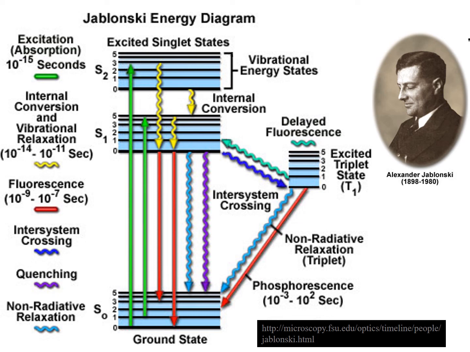And the features are transitions indicated by arrows and energy states indicated by horizontal lines. So you can see all the phenomena here: internal conversion, vibrational relaxation, absorption, emission, intersystem crossing, are all indicated with some indication too of their time scale.